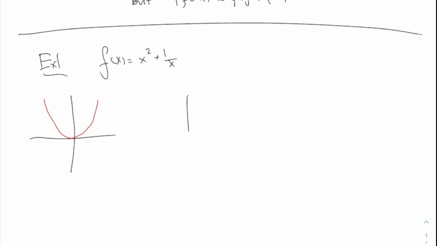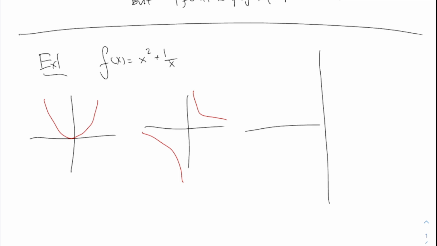And then 1 over x is this, right? Everybody knows that. When you add them up, what does it look like? Well, I'll show you. It looks something like this. This is kind of strange, but that's what it looks like.